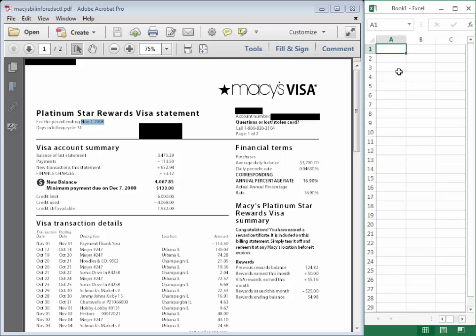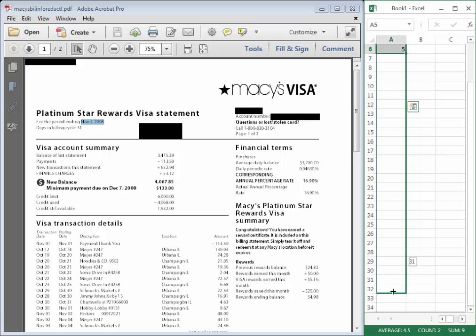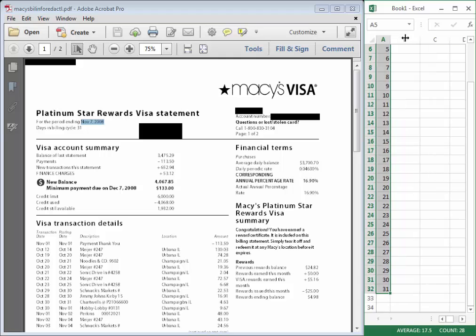So I'm going to list over here the day of the cycle, 1, 2, 3, 4, 5, and so on, up until I get to 31. And I'm going to list what that date is.